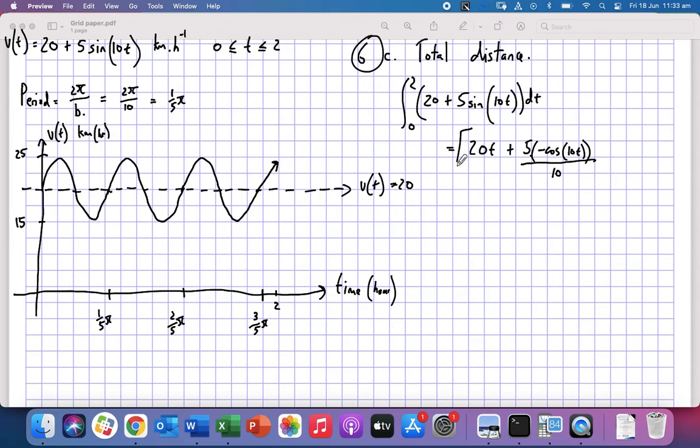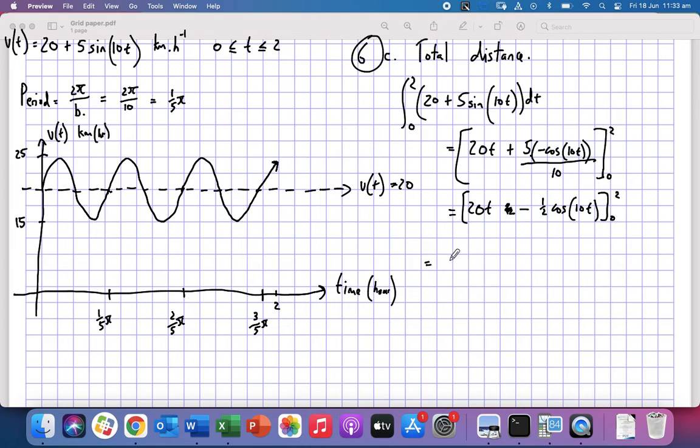And that all needs to be evaluated between 0 and 2. Tidying this up, I've got 20t. Oops, pen stuffed up. Oh, it's not plus, it's minus. Minus 1/2 cos 10t. Right. Square brackets to show that we're going to plug in 2 and we're going to plug in 0.